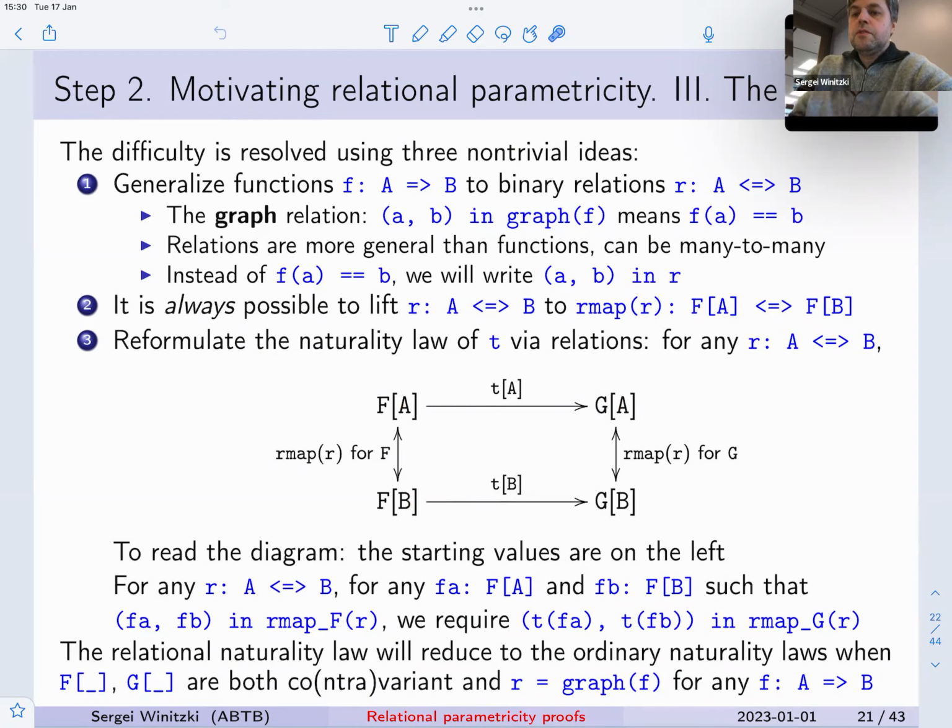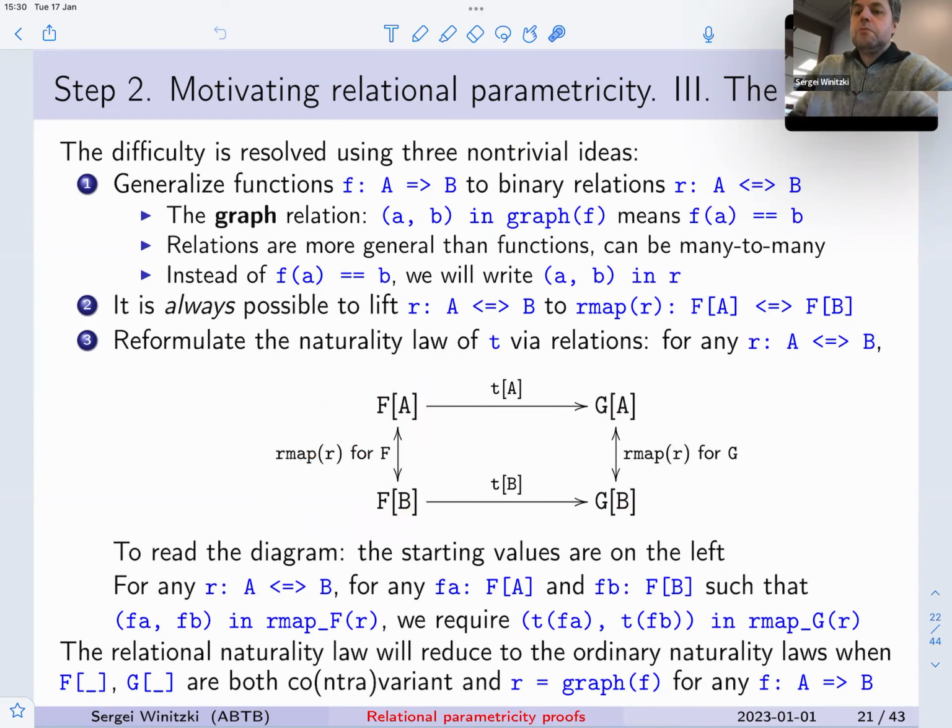So there's a function t with a type parameter, which goes from f of A to g of A, or from f of B to g of B. But the values of types f of A and f of B are no longer related by a function from one to the other. It's just an arbitrary relation between them, arbitrary binary relation. And here's also a binary relation.